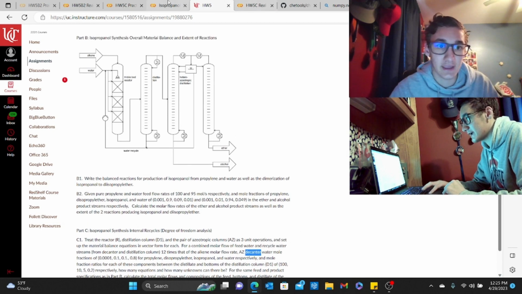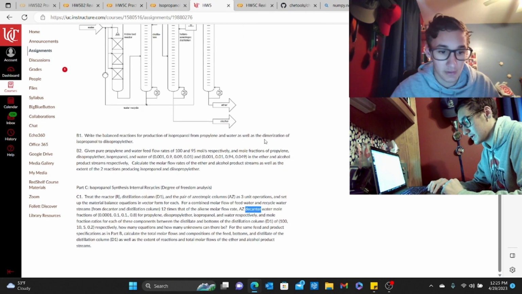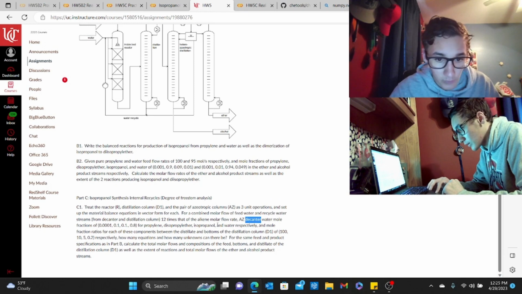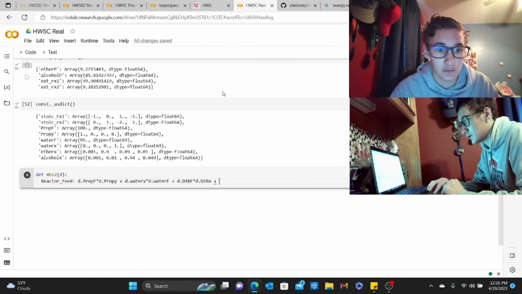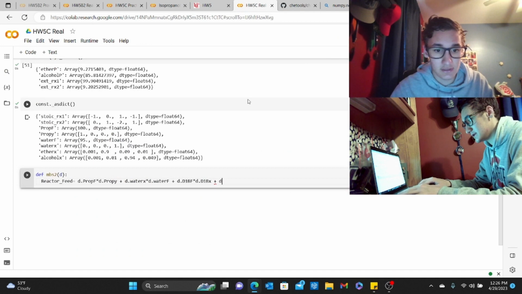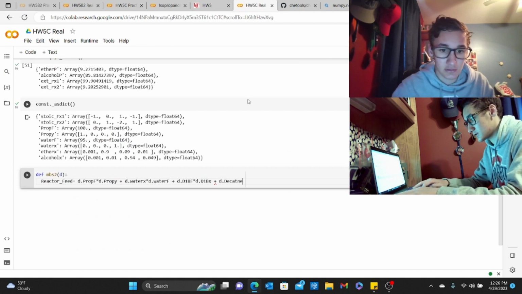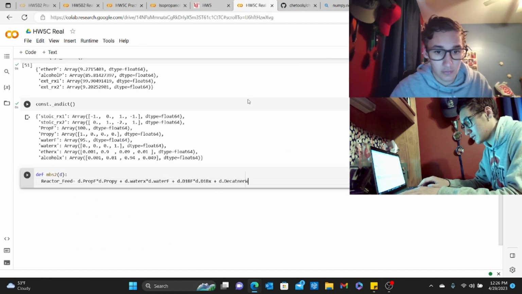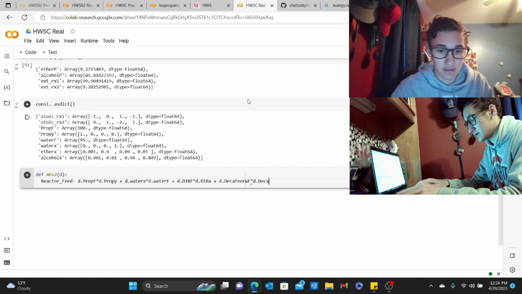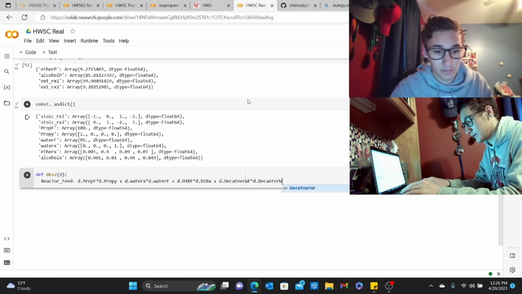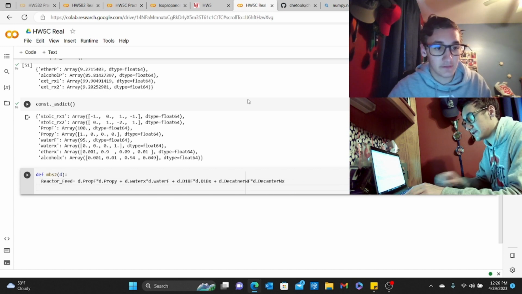So we can call that the decanter water and the decanter amount, because the decanter mole fractions are given to us here. Plus D dot decanter WF times D dot decanter WX, and that's the feed.